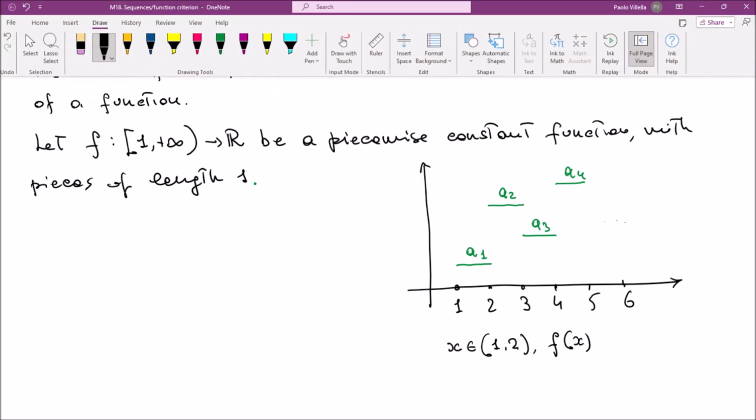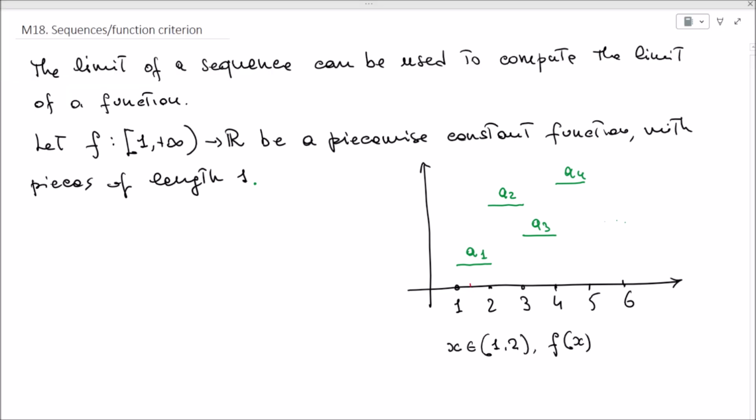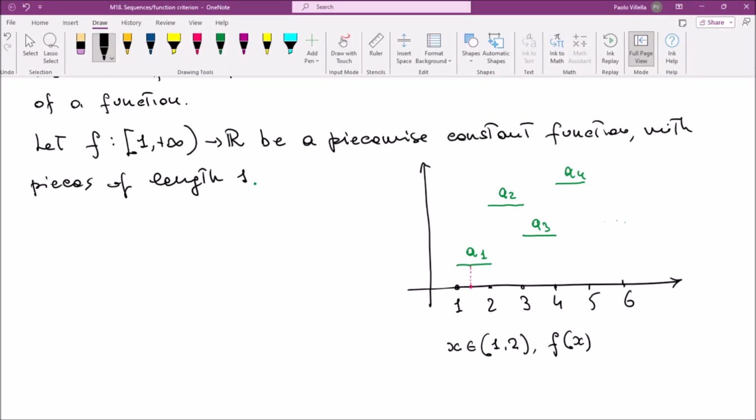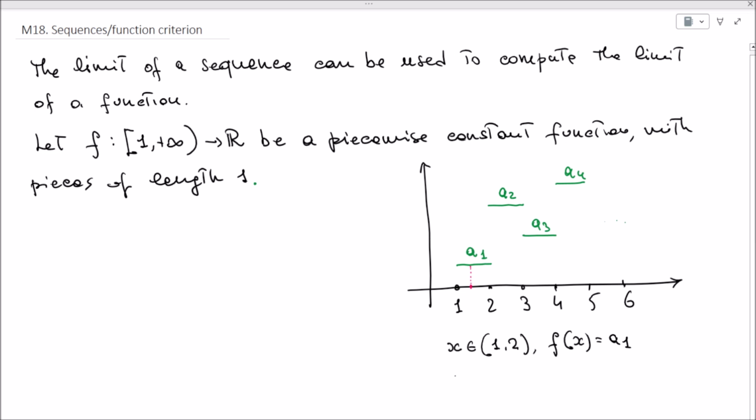For x that belongs to [2, 3), the value of the function is a2, and so on and so forth. So in general, we are now rethinking of this function in terms of a sequence.